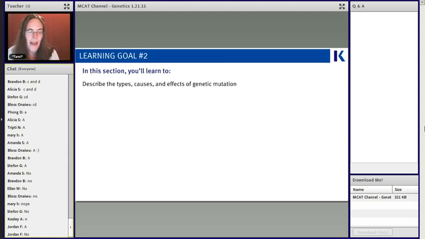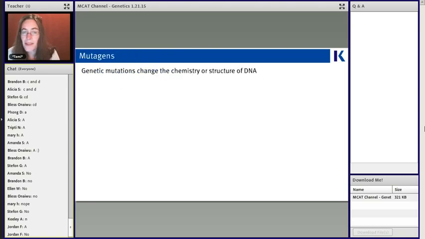Now, in our final section, we're going to talk about types, causes, and effects of mutations. Mutations are a change in the structure of the DNA, and they can be for various reasons. We can have mutagens, we can have carcinogens.